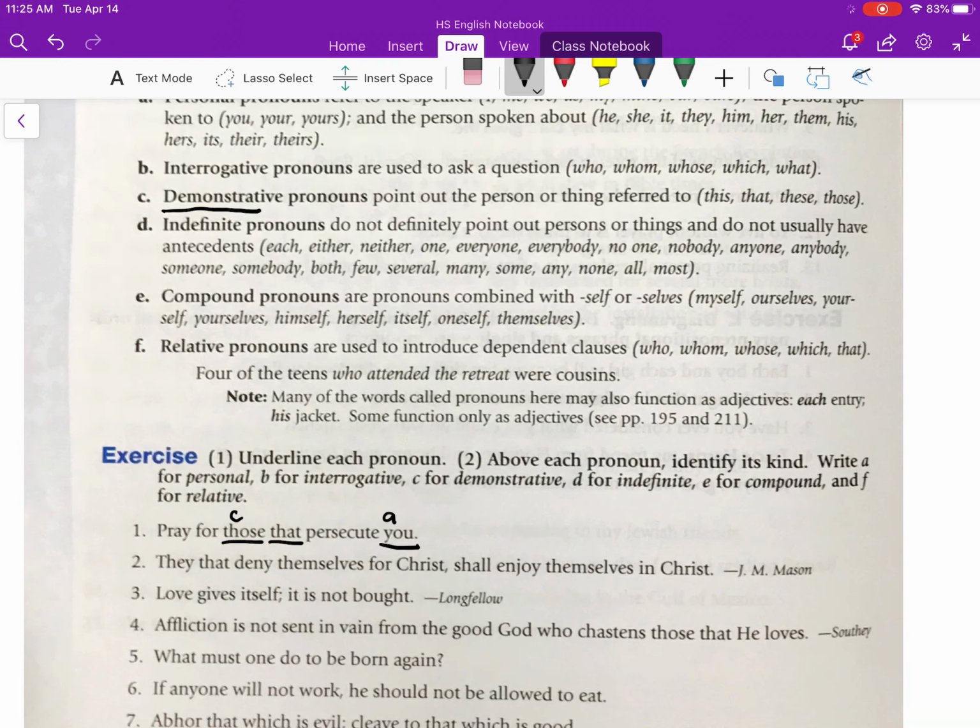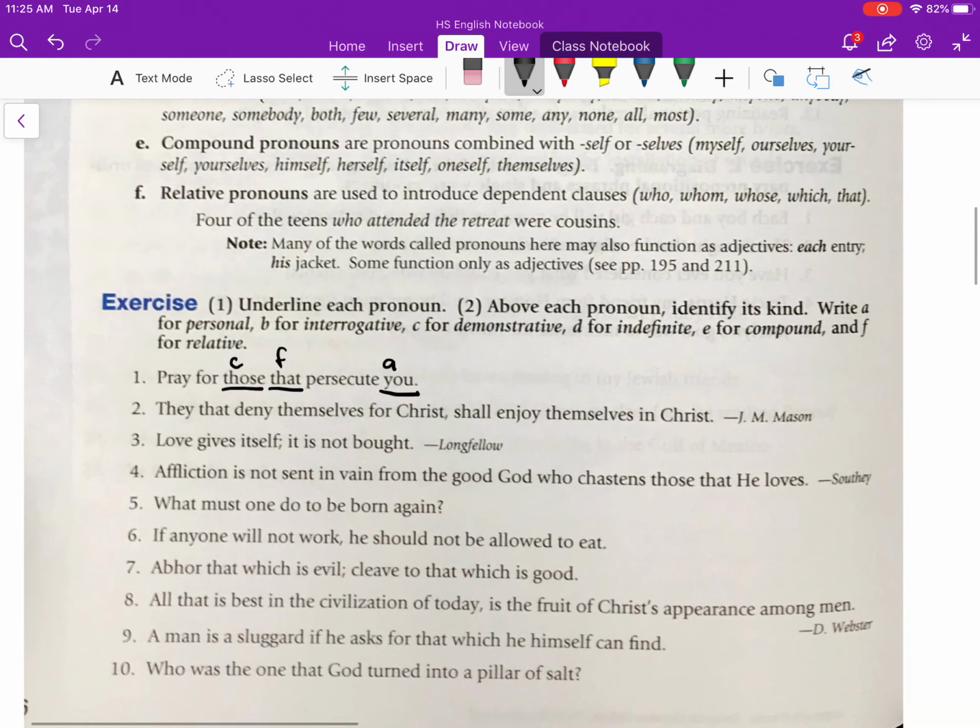Remember that the word that often comes at the beginning of dependent noun clauses, like we learned in the previous chapter. Those are called relative pronouns, and so we are writing F for relative. You should have underlined those, that, and you, and you should have labeled them C, F, and A, respectively.